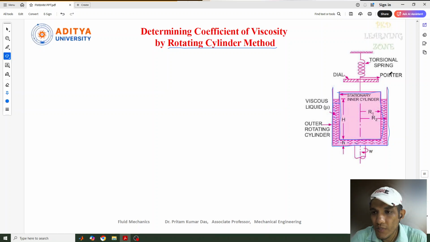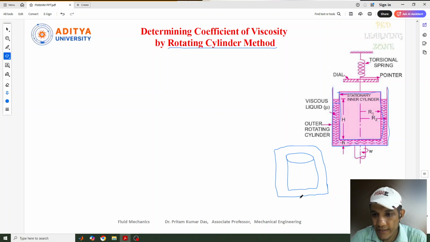Now these two cylinders, if I draw them in a separate diagram, will be present in this way. You can see this is one cylinder, and this cylinder is present over another cylinder, which is like this.